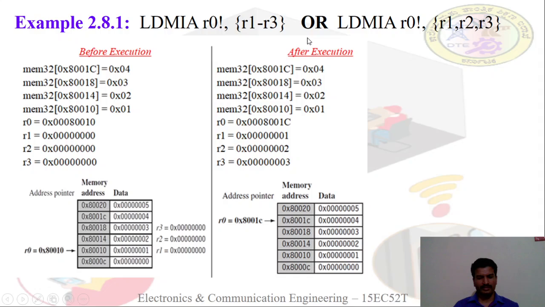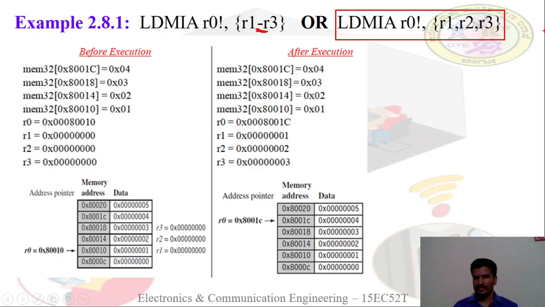So we can write this instruction like this also. LDMIA R0, R1 dash R3. So here we have used a dash. The dash symbol indicates the range. Whenever we are using registers in sequential order, R1 to R6 or R1 to R8, we don't need to write R1, R2, R3, R4, R5, R6.